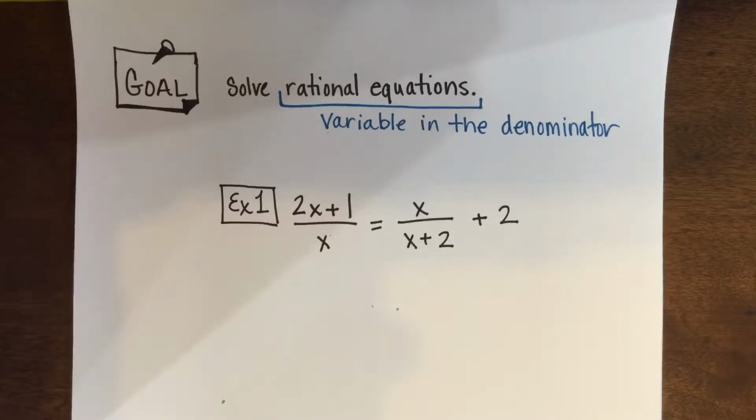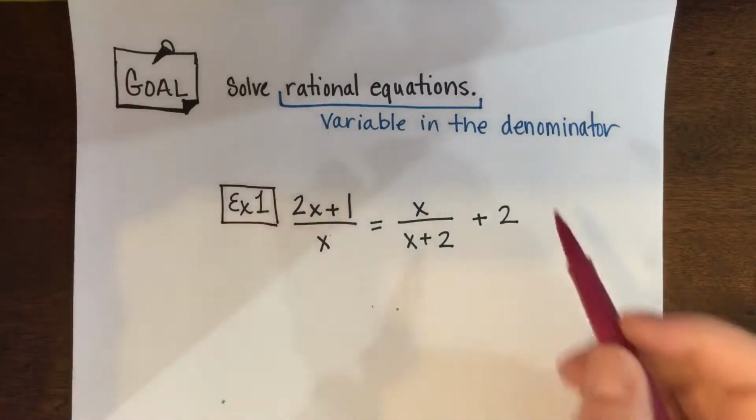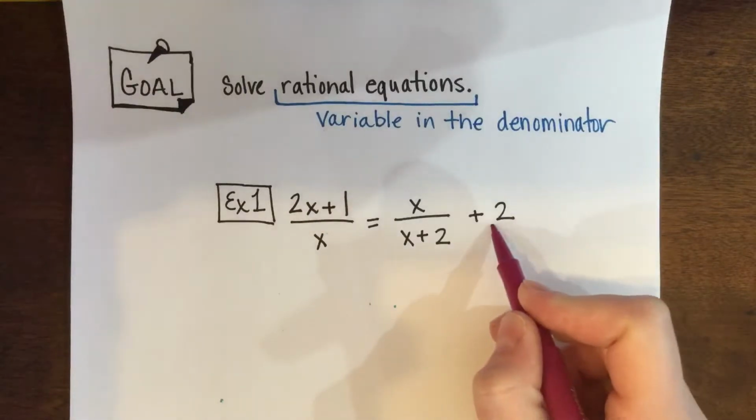Now, the first method that I'm going to use is probably the one that people are less likely to confuse with expressions. Now, it's probably the safer one. Whenever we're adding and subtracting equations, we know that the first thing we have to do is find a least common denominator.